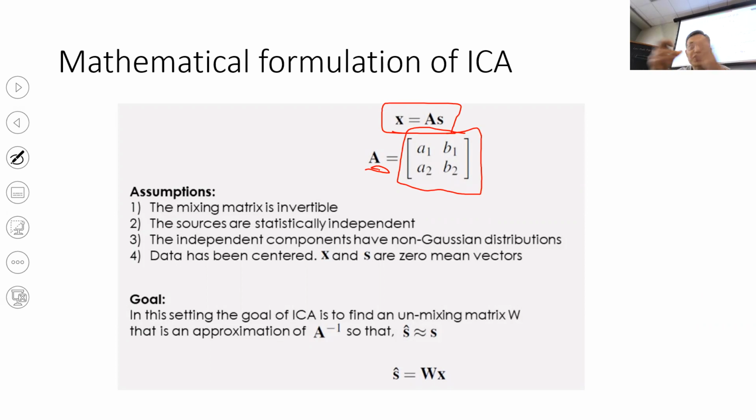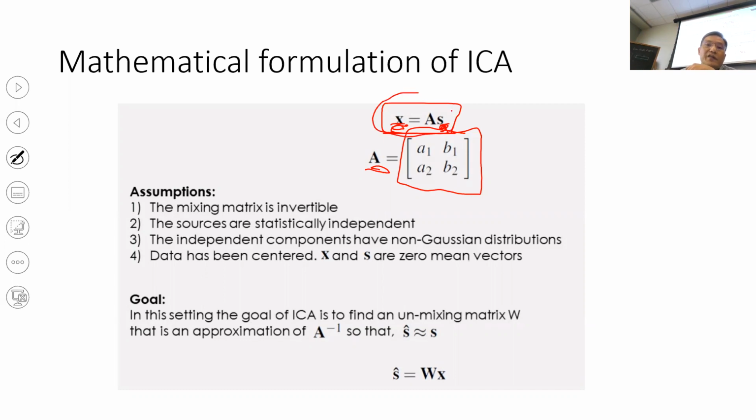A is a mixture matrix that tells you how the signal you received is mixed from the sources, and through this weight matrix, how they combine differently. So in our case, we have A1, A2, B1, B2, two sources, the background and the person speaking, weighted differently. From the two sources you get X, which is your sampled signal.